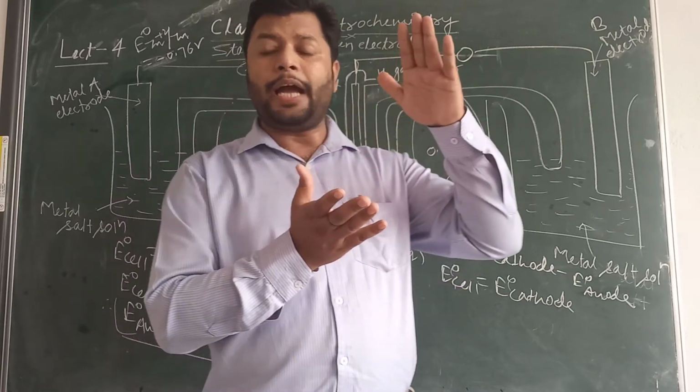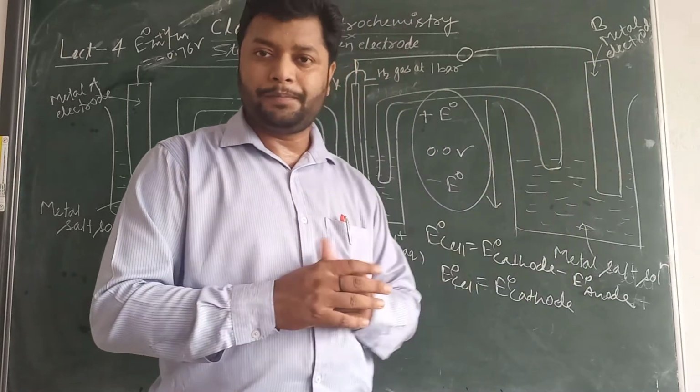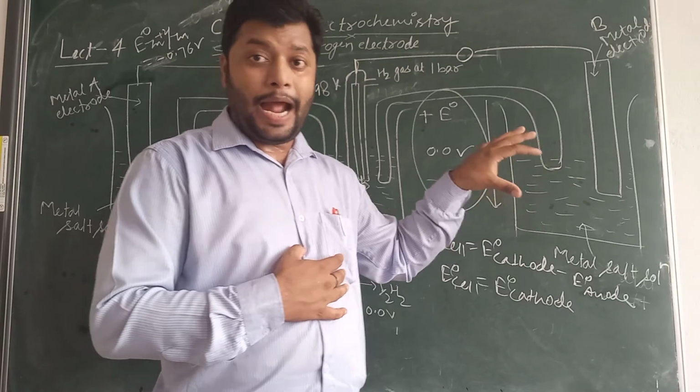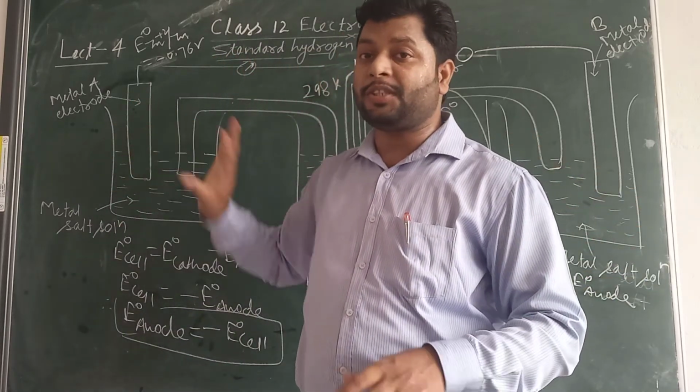So above hydrogen there are electrodes having more tendency to be a cathode, and at the cathode a reduction process occurs. At the anode an oxidation process occurs.